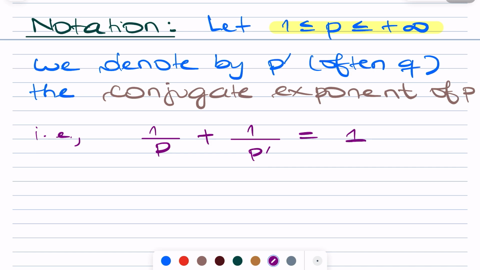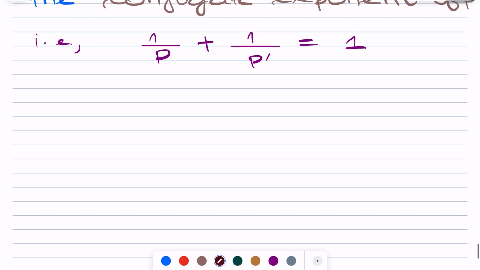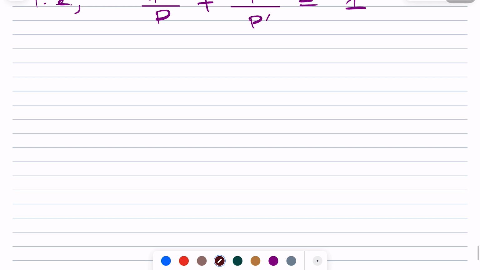So our next theorem is a very famous theorem, well known in mathematics. Theorem 4.6, and this is Hölder's inequality.